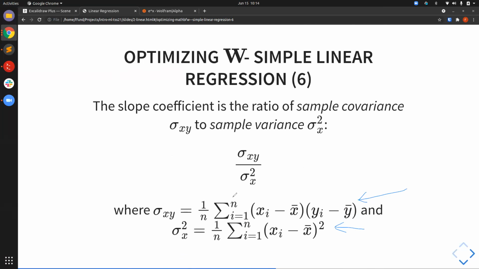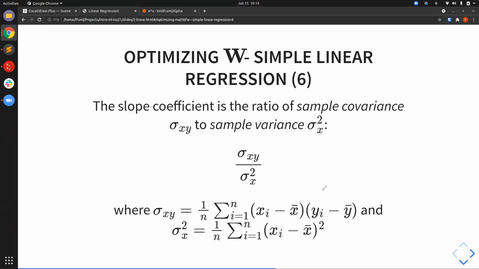So if we define the covariance like this, and variance like this, we can see that the slope coefficient is actually the ratio of the sample covariance to the sample variance. What does the sample covariance tell us about? Does anyone know what that statistic tells us about? So the sample covariance tells us something about how closely two values vary together.